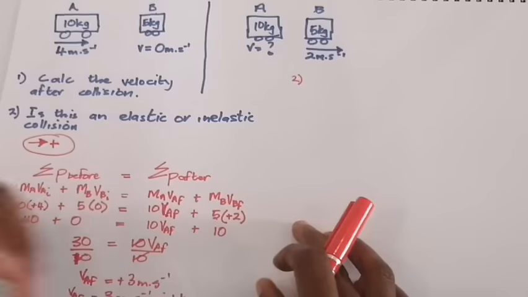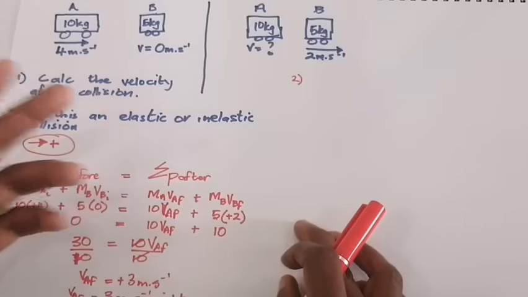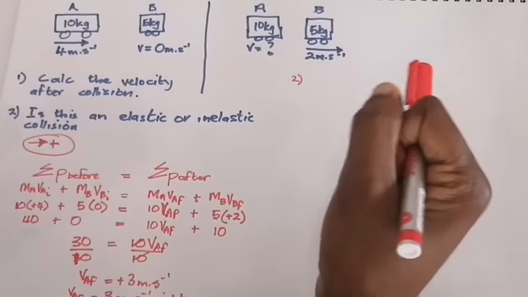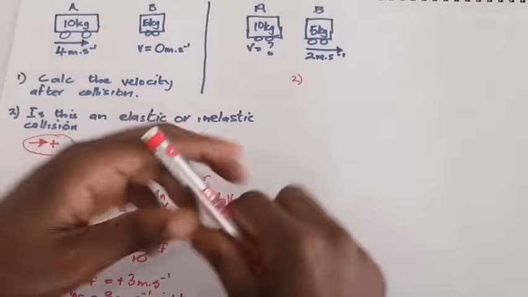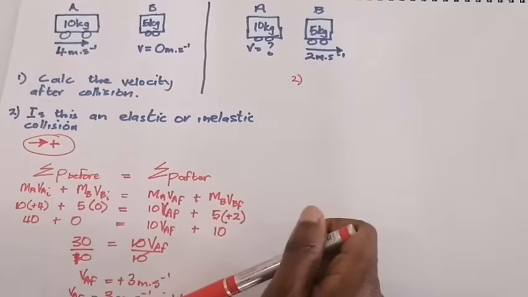It could be just an event, and you'll see sometimes we take people that are falling off skateboards or whatever the case may be. Whenever an event occurs, in this case I'm talking about two trolleys colliding.